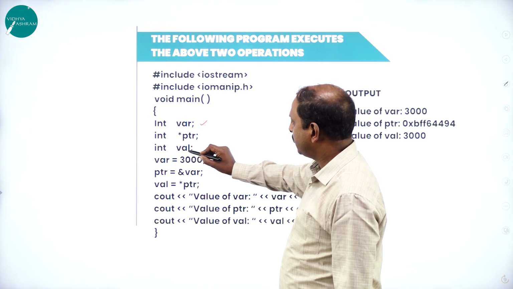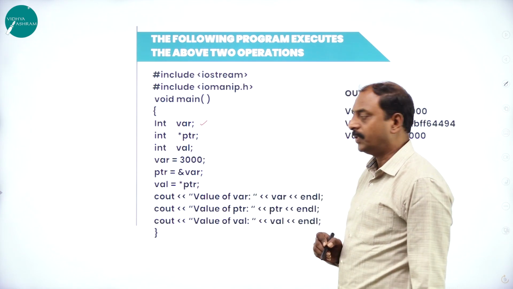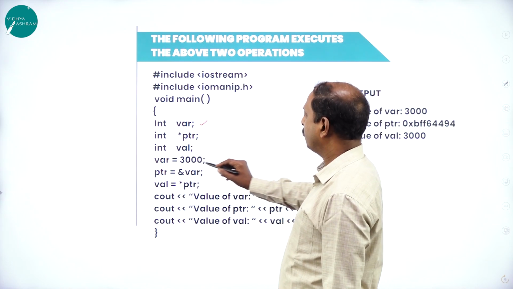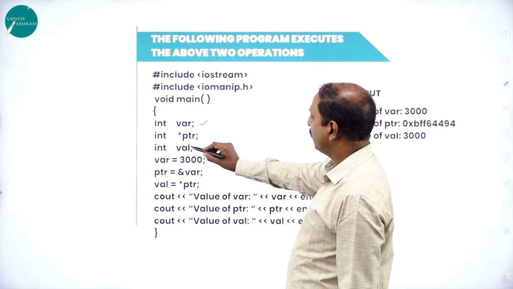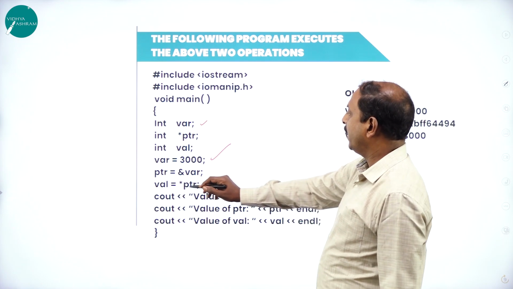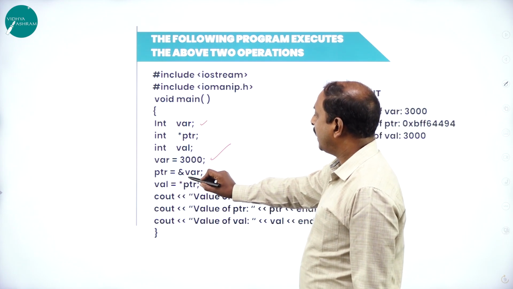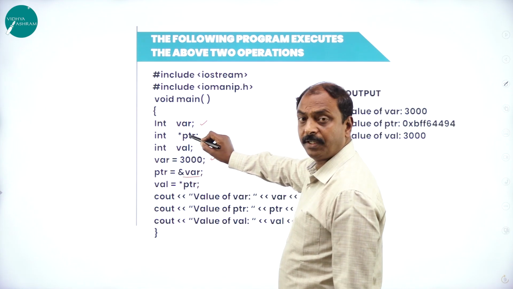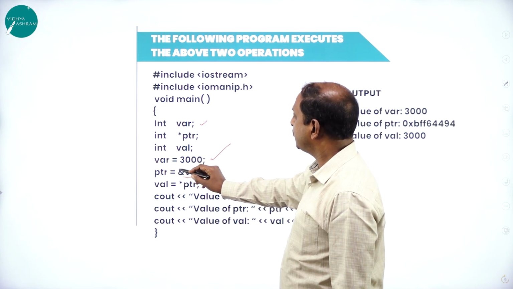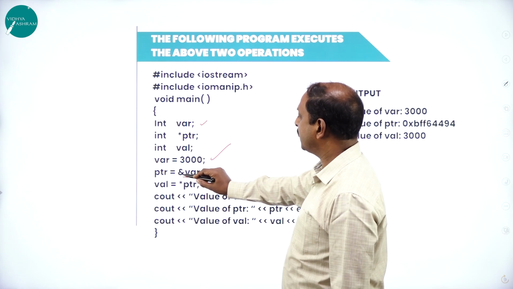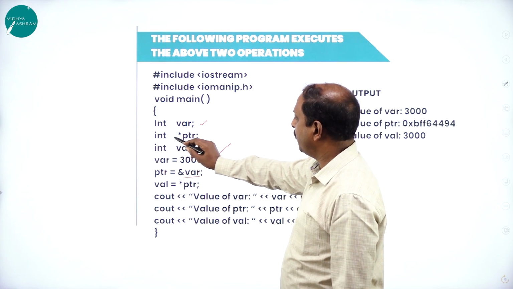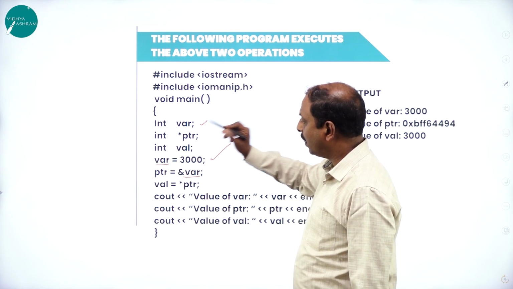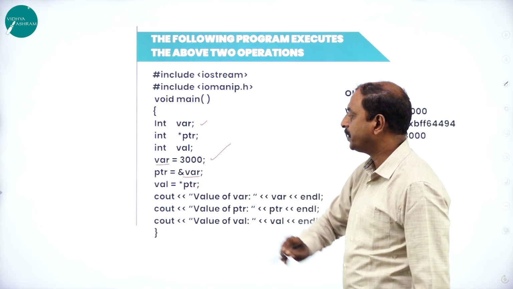One more variable is int val. It is a normal variable. Now var equal to 3000. We are assigning a value to this variable, and ptr equals ampersand of var. So here ptr is a pointer variable and ampersand var is the address of var. It stores the address of the variable var. That is the meaning of the statement.